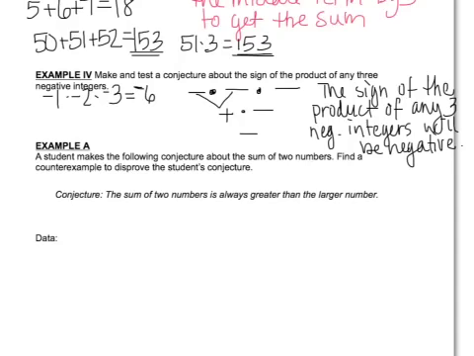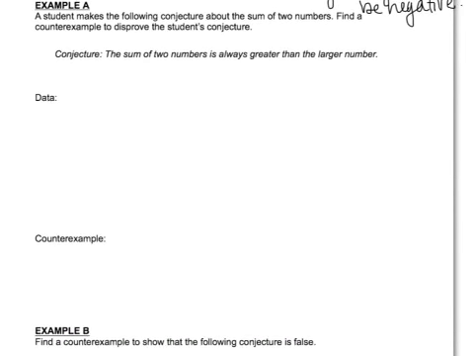So data for this would be trying some different numbers here. So my data, let's see, the sum of two numbers. Sum means add. I want to add two numbers. So let's just pick some numbers. 5 plus 3. Well, that's 8. My sum's definitely bigger. Let's try some other numbers. 100 plus 100. Well, that's 200.